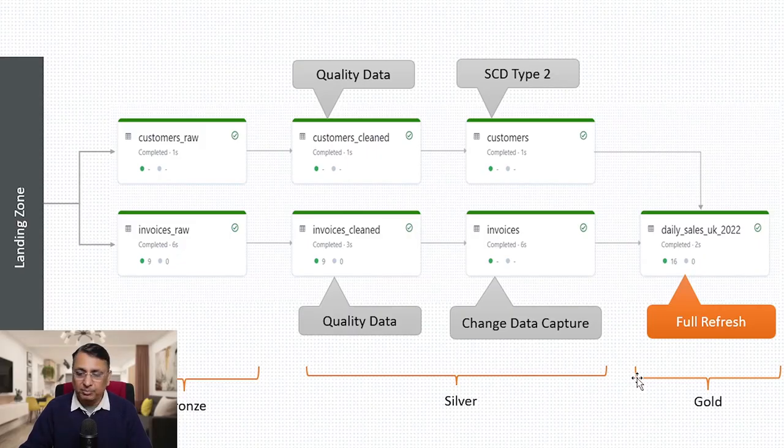So that is done up to here, and then finally we also want to build our daily sales report. It's a daily sales report for country UK for year 2022, right? So this one is our gold layer table, and we want to build this aggregate report using the full refresh technique. So I'm mixing in the full refresh technique here. Everything up to here is incremental data processing, and this one goes for the full refresh.